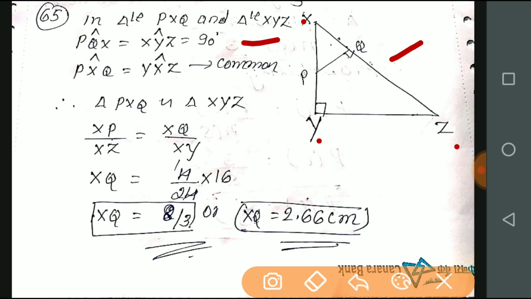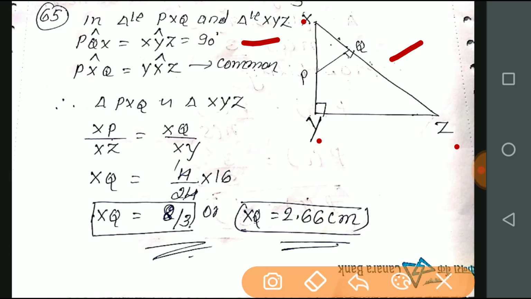Then angle PXQ is equal to angle YXZ, that is a common angle. Therefore by applying the similarity criteria, we get triangle PXQ is similar to triangle XYZ.